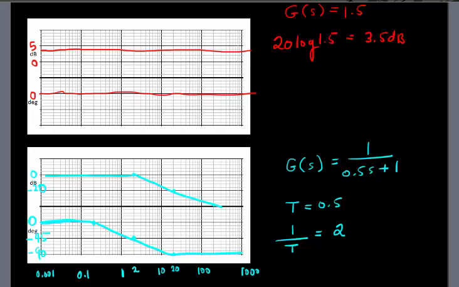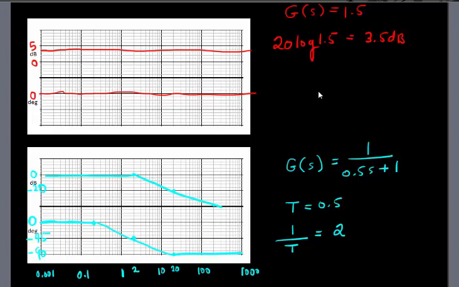So now I've plotted the two graphs for the two parts of my transfer function. I need to add them up. Let me show the addition of these two graphs on the same graph as the G of s equals 1 over 0.5s plus 1, but I'm going to show it in a different color.